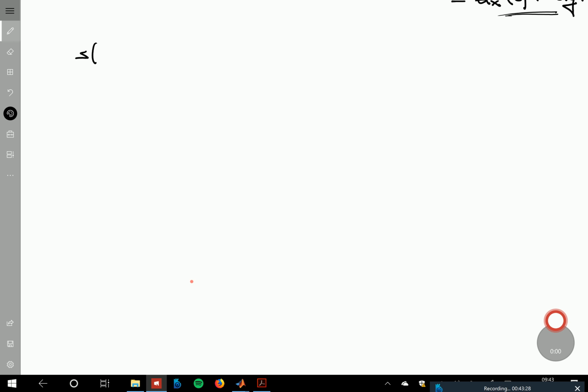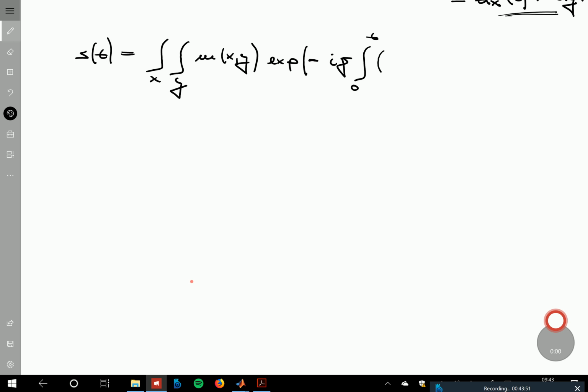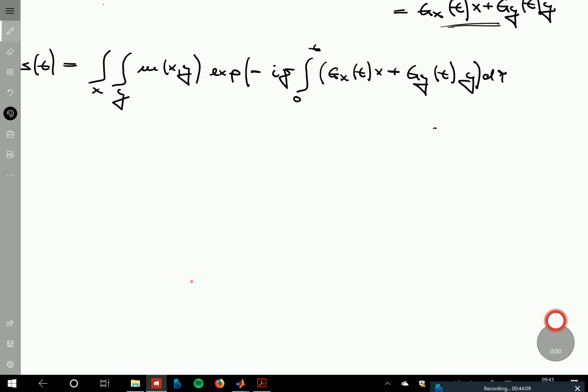We get for our signal the integral over x and y of our image function, which describes the proton density of what we're actually trying to image, and we have our temporal integral, and now we plug in our linear gradient function here for delta B. And this integrates with respect to dx, dy.